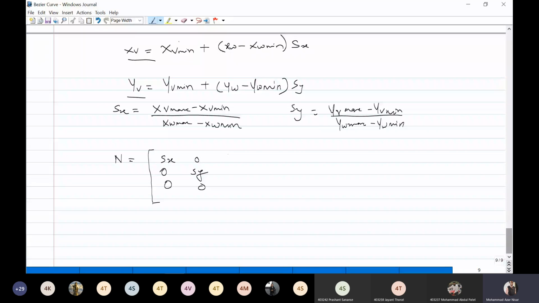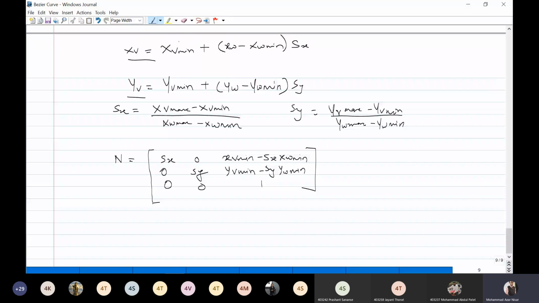Then in the problem you can write the values and solve it. So in this way you can solve the problem.